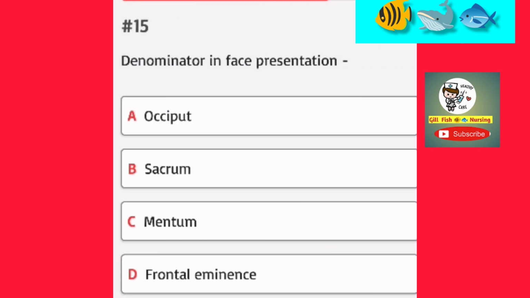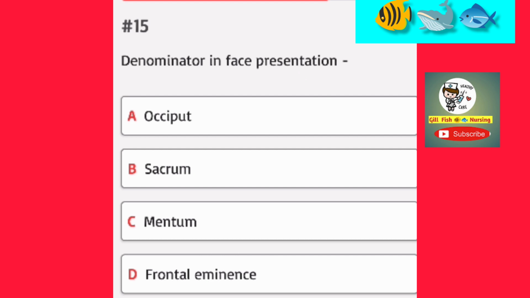The denominator in face presentation is: A occiput, B sacrum, C mentum and D frontal eminence. What do you mean by denominator? It is the part of the body that is present in the pelvic area, and the assessment is done based on it. The presenting part is called the denominator. Occiput is related to the head.